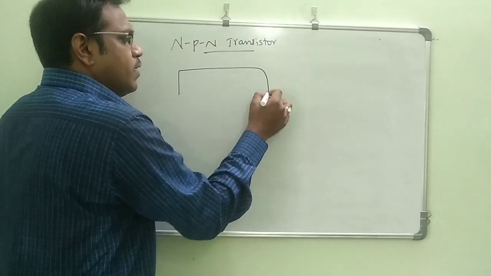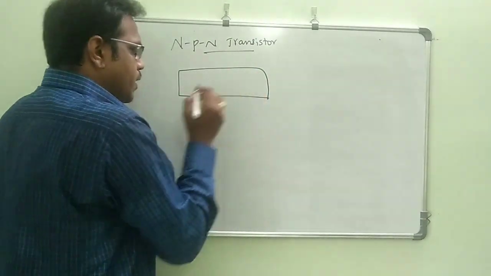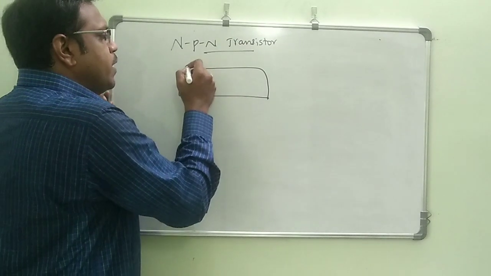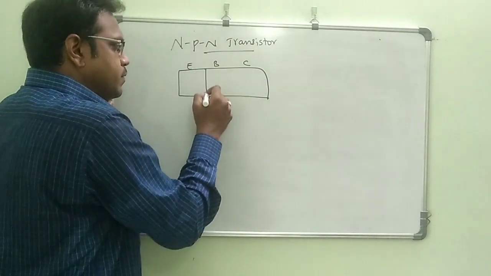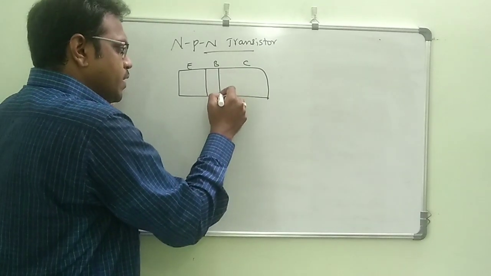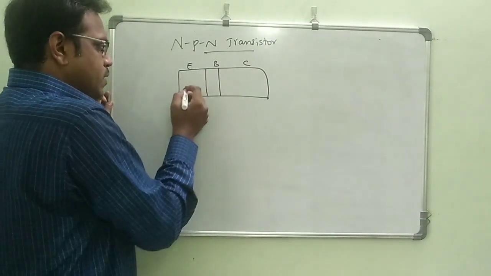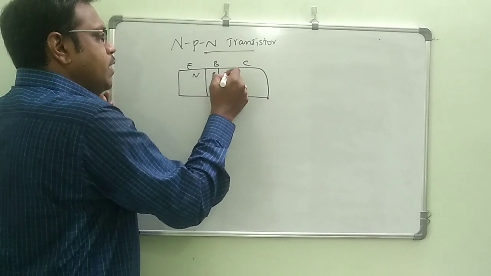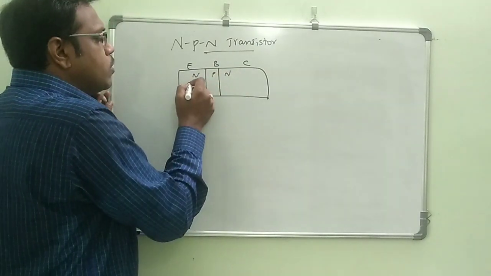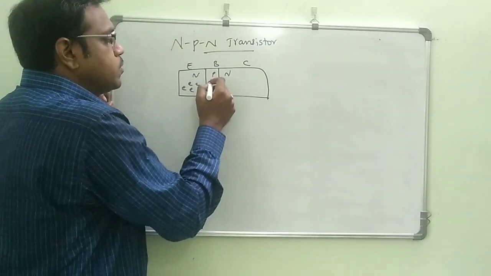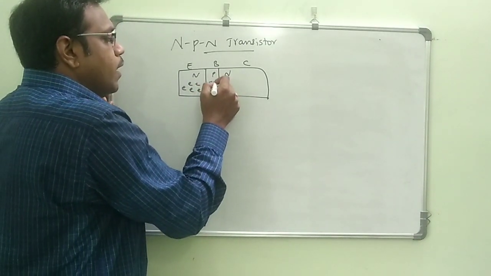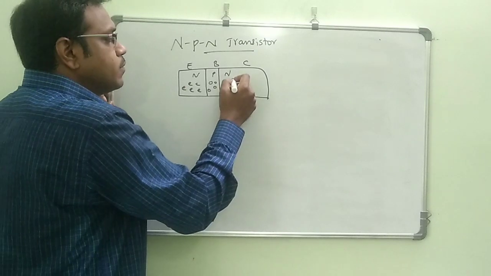I'm taking only the exam-point-of-view working here, not the detailed working. This is the NPN transistor: emitter, base, collector. The emitter is medium size, the base is very thin, and the collector is larger. In the emitter, electrons are more numerous as it is heavily doped, and in the base the holes are fewer as it is lightly doped.